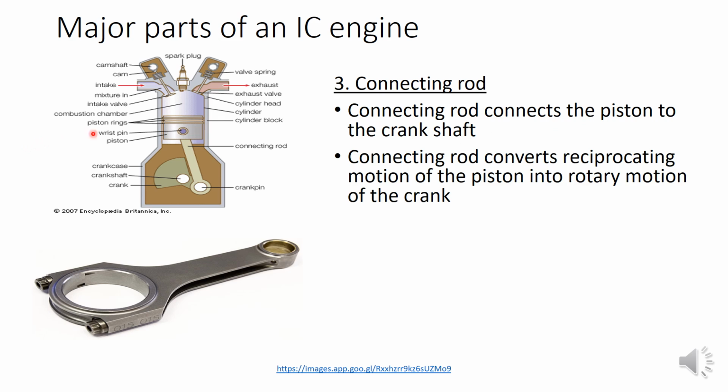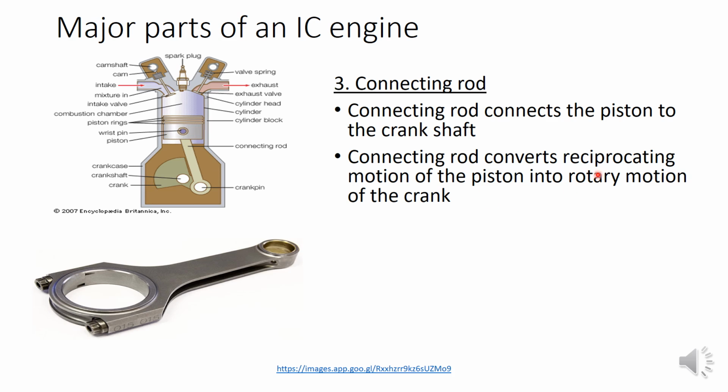And what is the function of the connecting rod? You have already seen the piston is executing a linear, reciprocating motion. But what we need is a rotation. The final output of the engine is mechanical energy, which means a continuous rotation of the crankshaft.